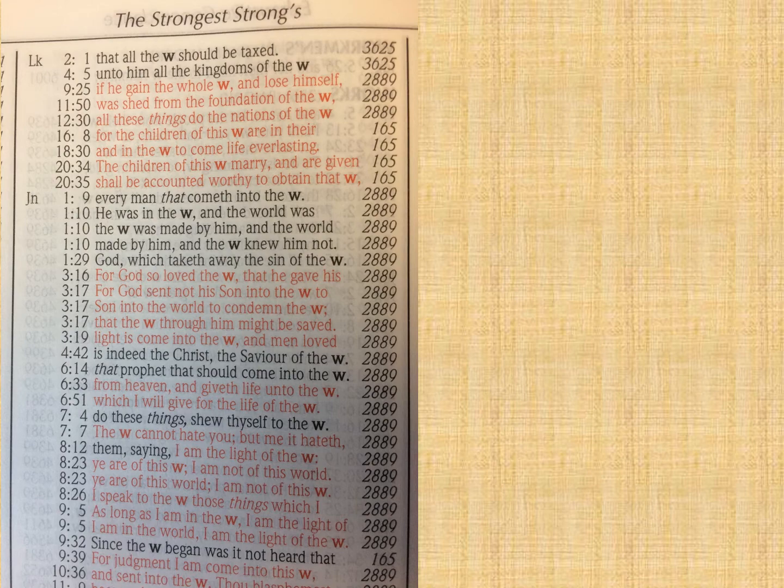So let's start looking through Strong's Concordance. This is one of the exhaustive concordances. The way that we would start is to take a look at the word world and go through all of the English words alphabetically until we come to the word world, and then keep going until we come to the section that we're looking for, Luke chapter 2, verse 1.